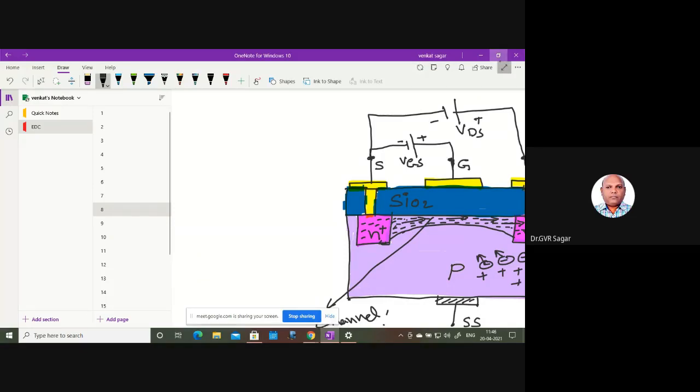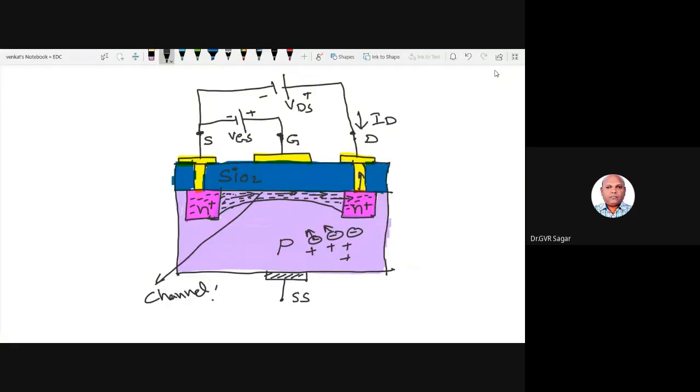Are you clear about this operation? Right? So here in EMOS, the gate to source you have to connect a positive voltage, not the negative voltage. EMOS doesn't work for negative voltage. It works only for a positive voltage. Right? And VDS is common. Drain is always the positive terminal and gate source is always negative.